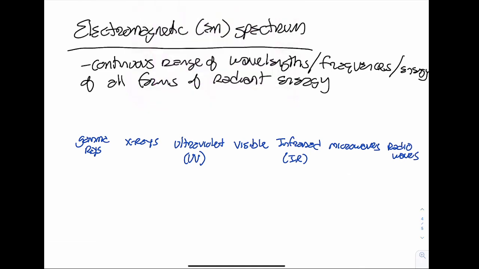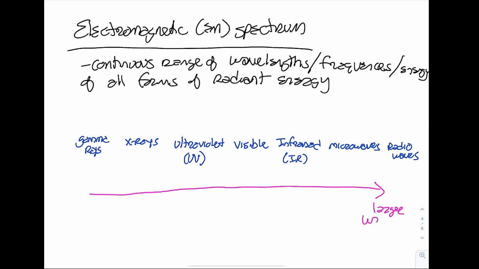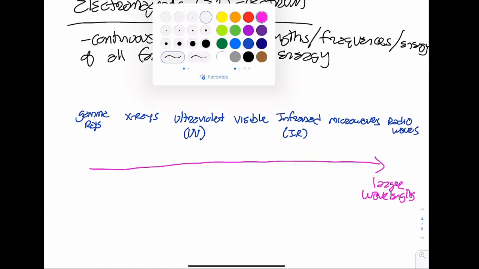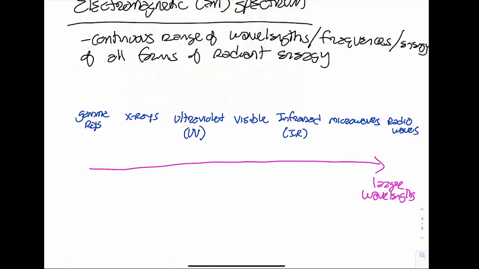As we go from left to right, my wavelengths are getting larger. So larger wavelengths on this side. Remember that wavelength and frequency are inversely related. So if I have larger wavelengths, I'm going to have smaller frequency. And we haven't added energy in yet, but I'm going to add it here just so it's complete. So larger wavelength, smaller frequency, and smaller energy, so less energy.